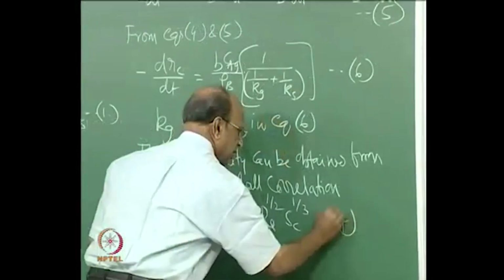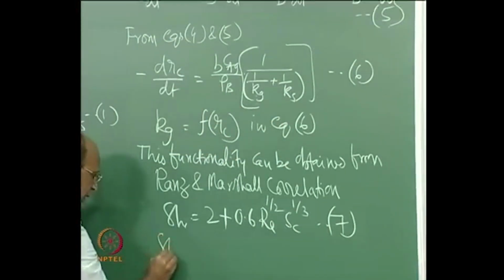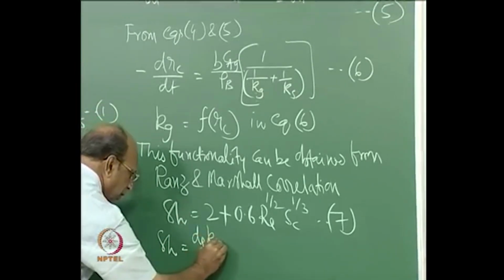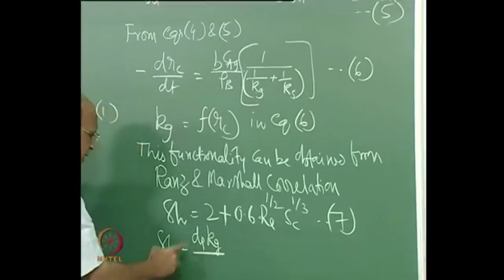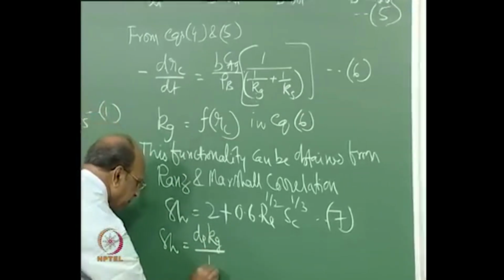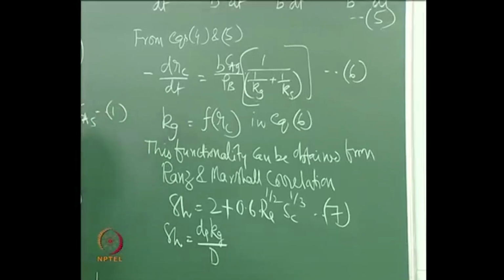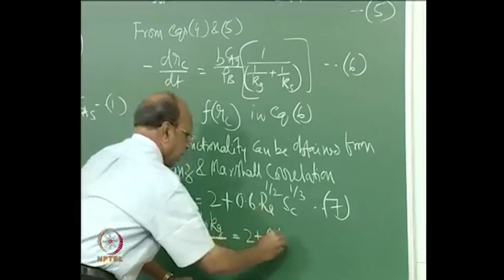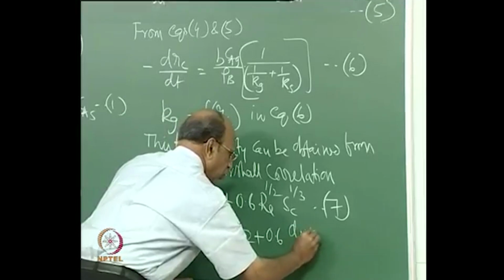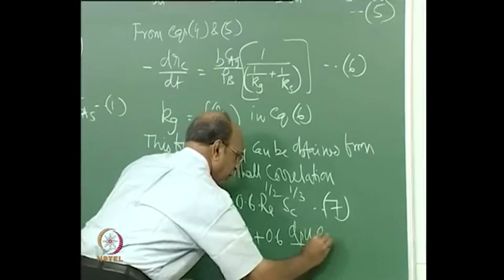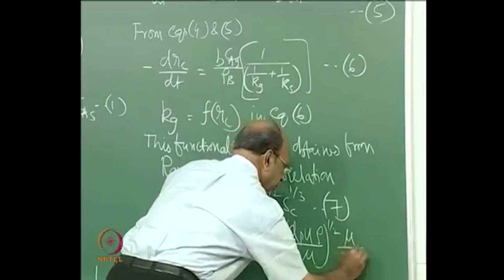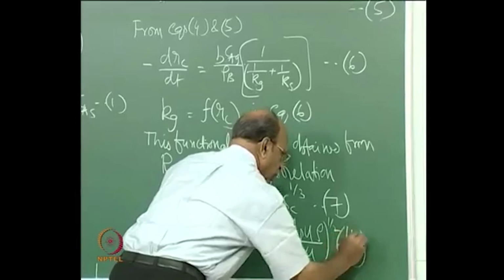This is equation 7. The same equation I can also write for easy solving: dP kg divided by D, that is diffusivity, equal to 2 plus 0.6 times Reynolds number, which is dP u rho by mu, to the power of half, and Schmidt number, which is mu by rho D, whole to the power of 1 by 3.